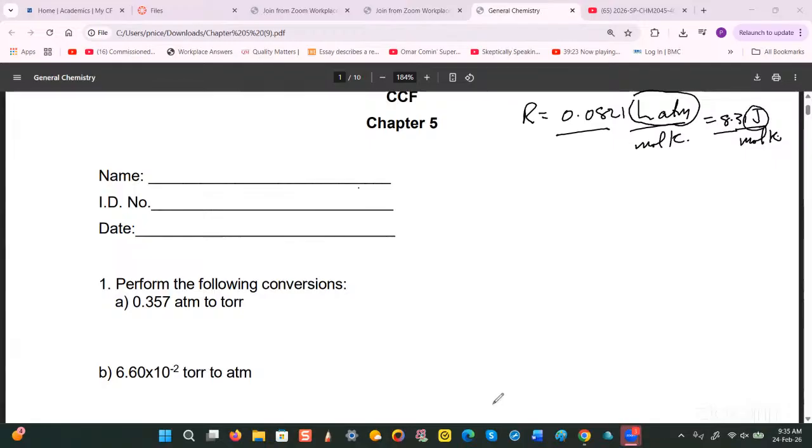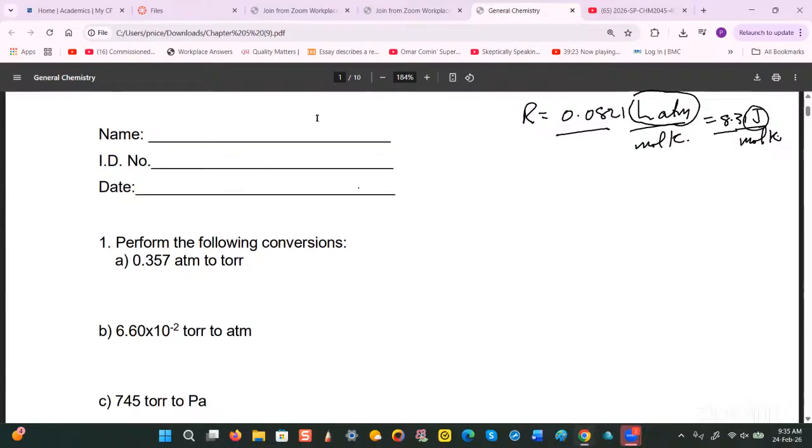All right, so the first question deals with converting some pressure values into other units. Let me give a brief discussion, even though this was covered in the lecture. As far as pressure units go, there are different units: the atmosphere, the Pascal, and the torr. 1 atmosphere is equal to 760 torr, which is the same thing as 760 millimeters mercury, and I discussed how the millimeter mercury unit came to be.